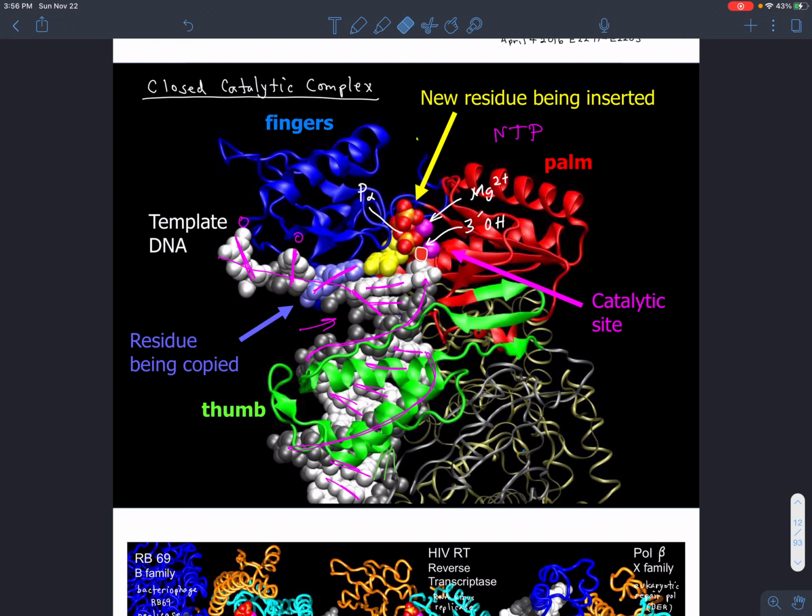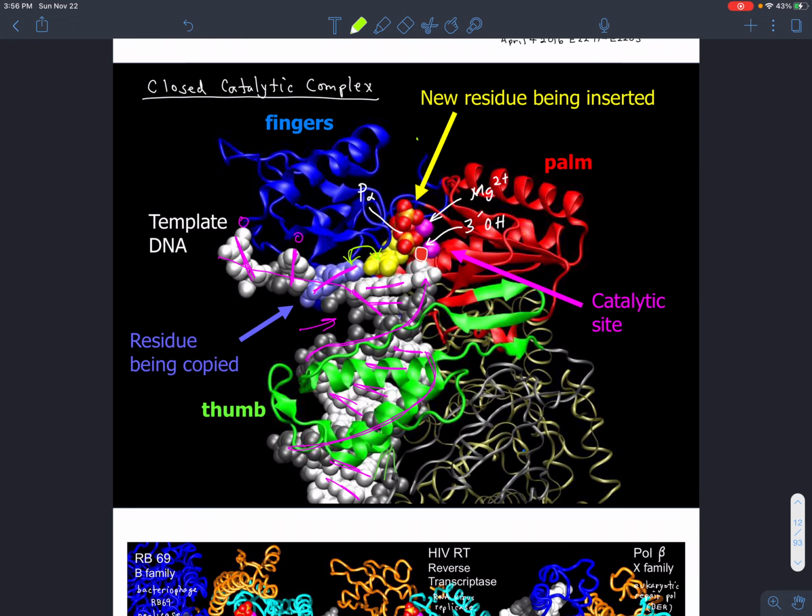That's part of the binding process by which the polymerase binds to the new incoming nucleotide and sets it up for incorporation. Notice also that these two guys are hydrogen bonded to each other. They're already annealed to each other.